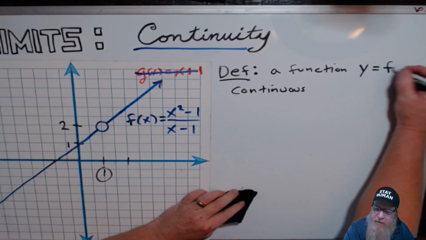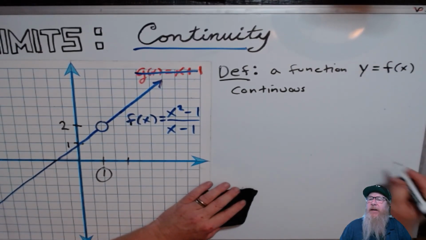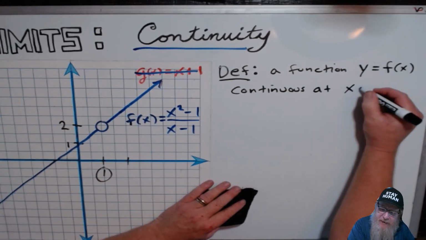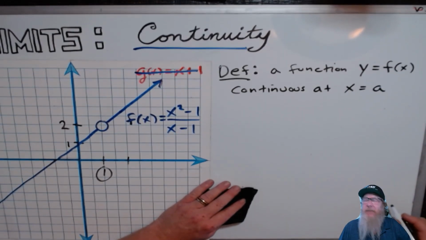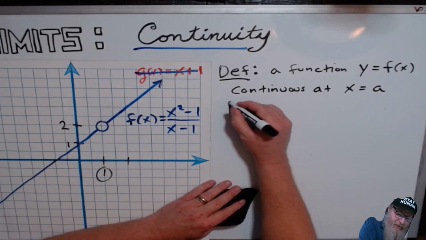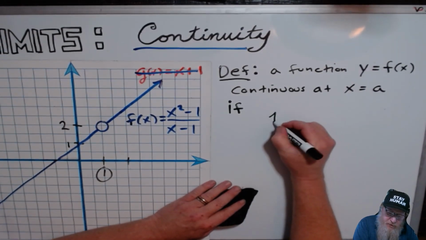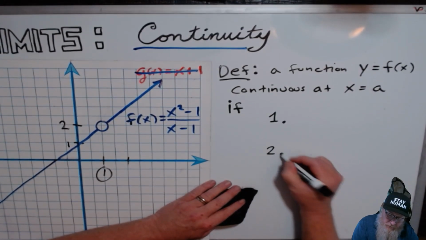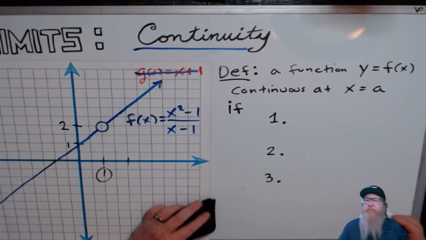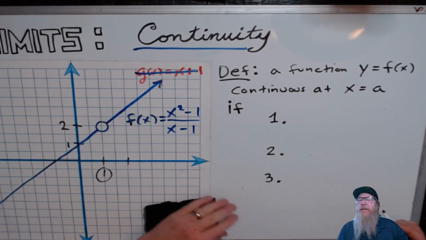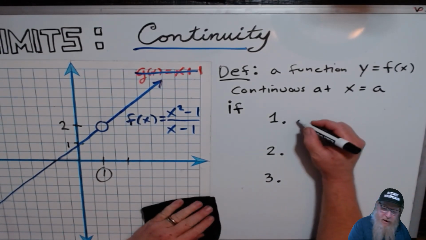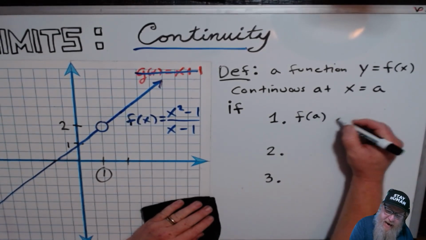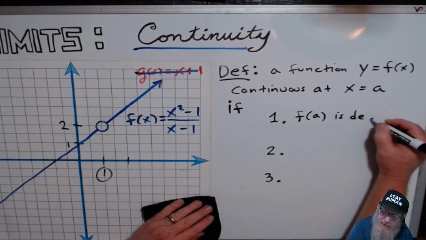I'll just give all my functions today the same name, f of x, at x equals a, if there are three things that have to be true. So all three of these things must be true. One, f of a must be defined.